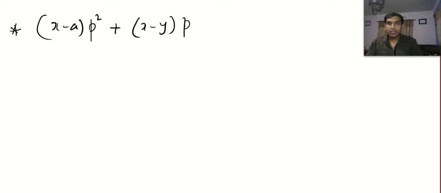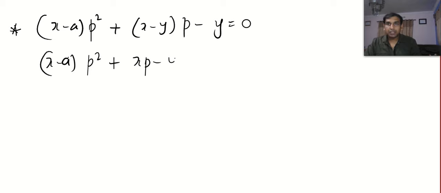Okay, now let's do one more problem. Let's discuss one more problem and that's it. So (x minus a) into p square plus (x minus y) into p minus y equal to 0. So if I simplify this, (x minus a) into p square plus xp minus yp minus y equal to 0.